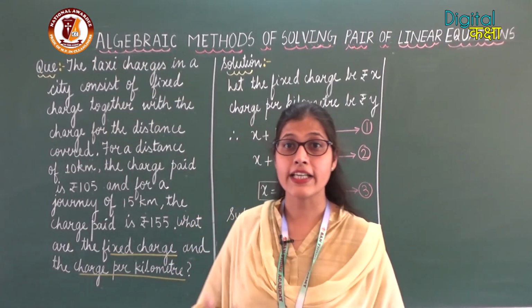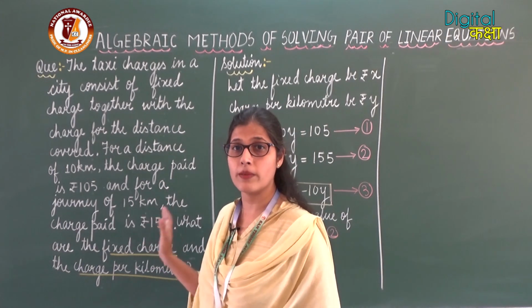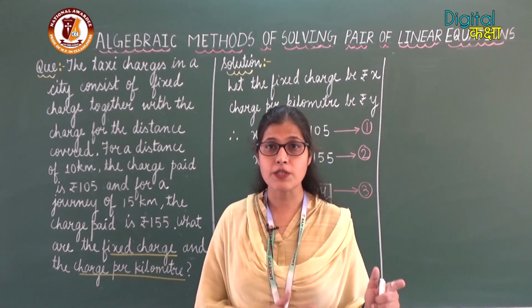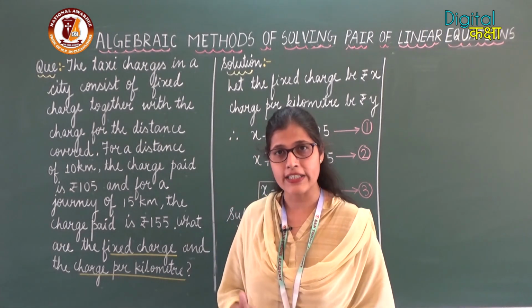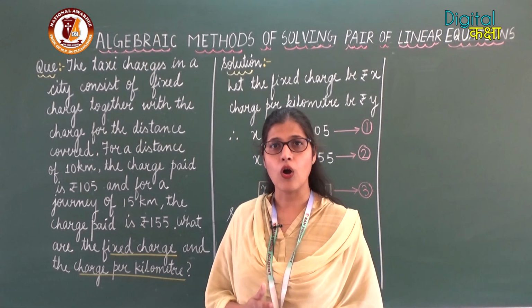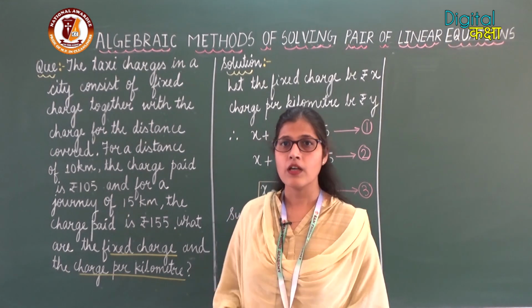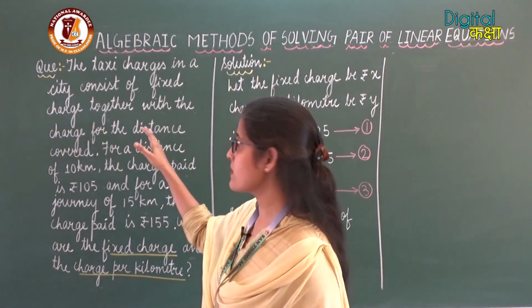Now, in the second question, through the word problem, we will be learning the application of substitution method for finding the solution of pair of linear equation. Now, let us read the question first.